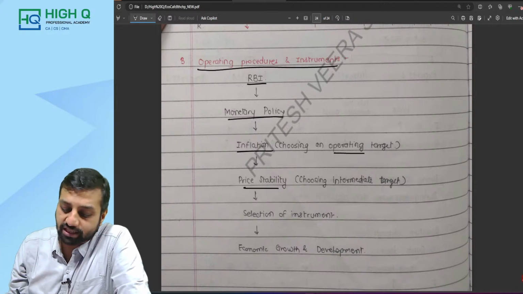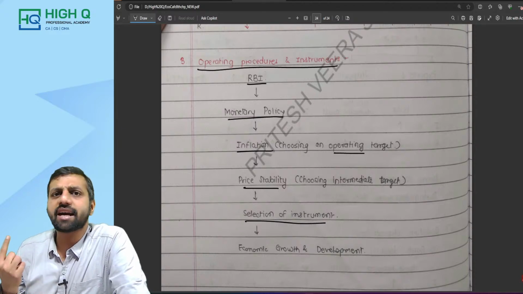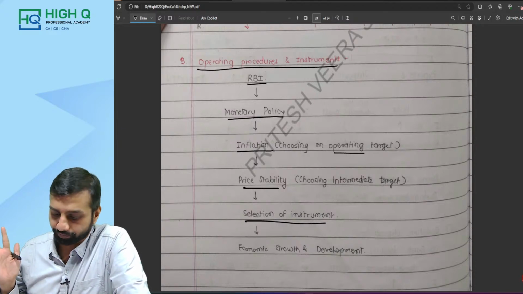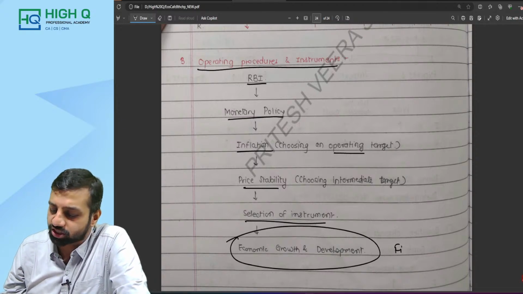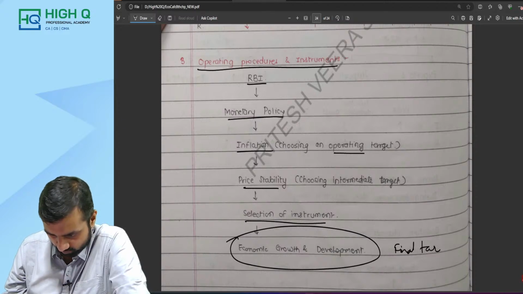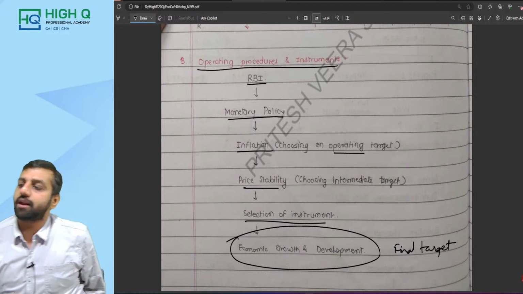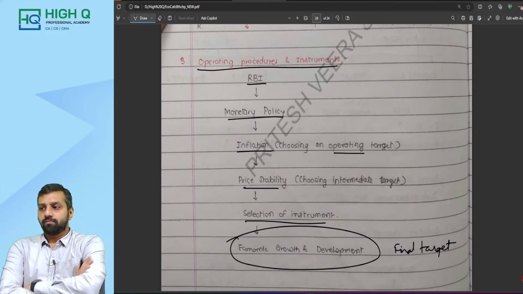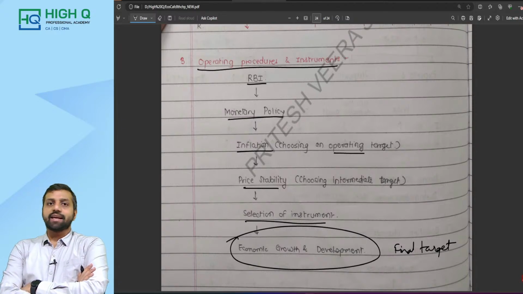If we want price stability, we need to select an instrument like CRR, SLR, bank rate, repo rate, reverse repo rate. And the ultimate goal and final target is to achieve economic growth and development.